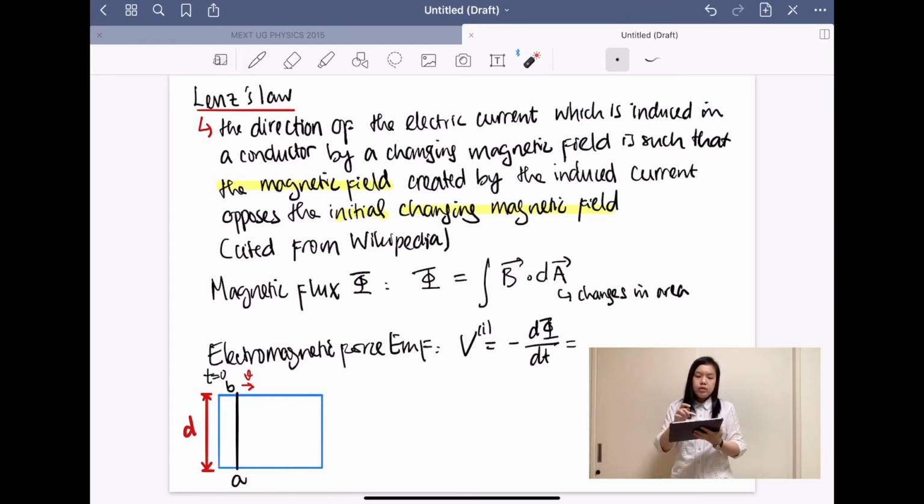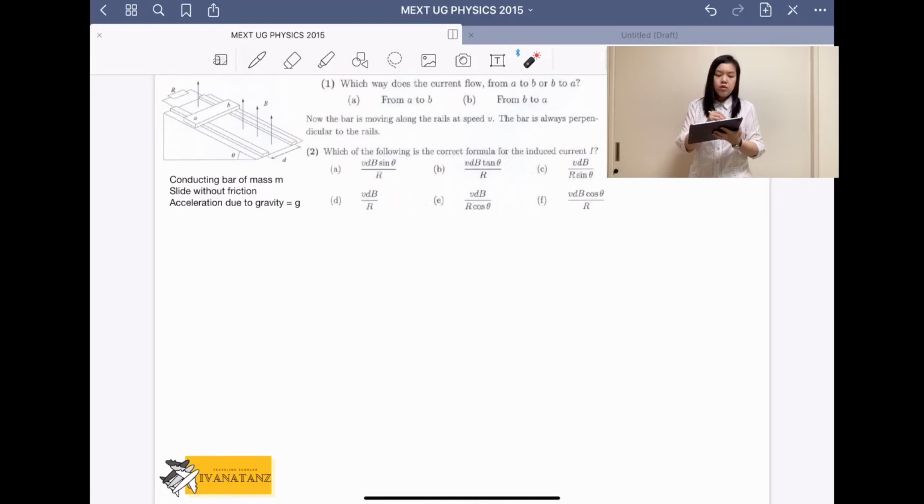And in our question, this bar goes down. The area covered when it goes down is getting larger. The total B included in that area is also increasing. So the system will try to decrease the magnetic field by generating an induced magnetic field in the opposing direction.